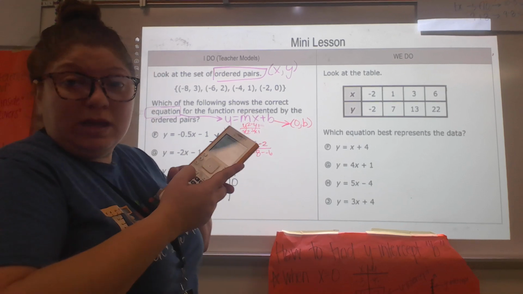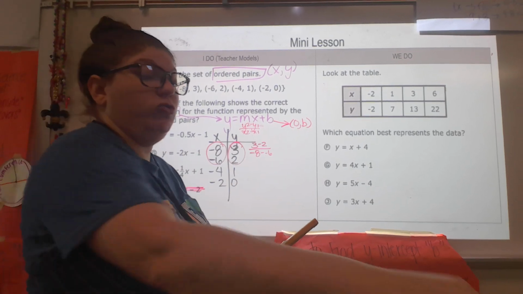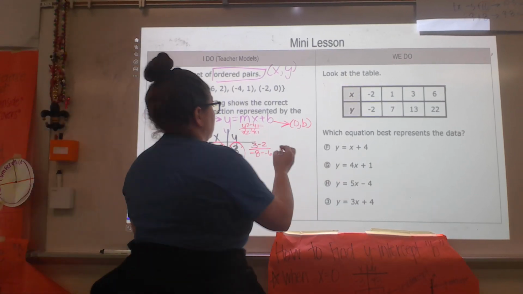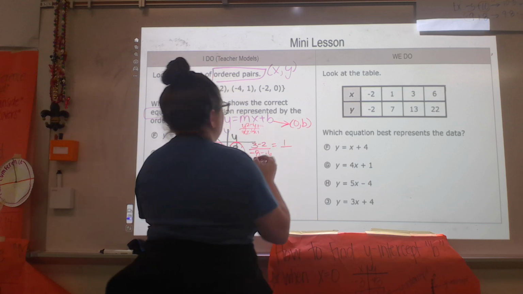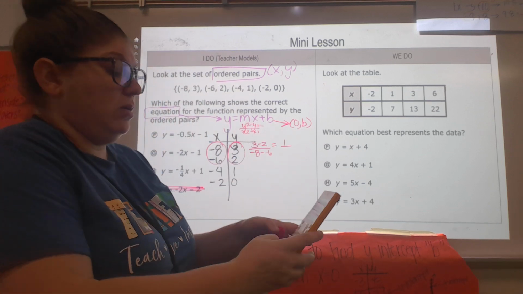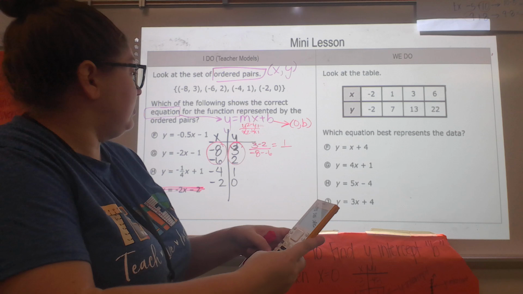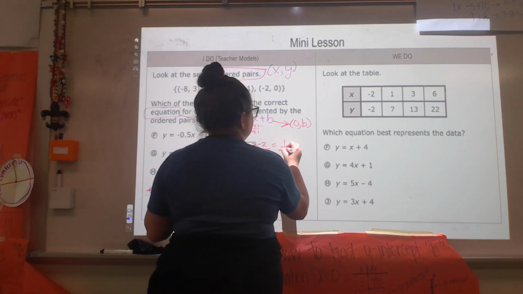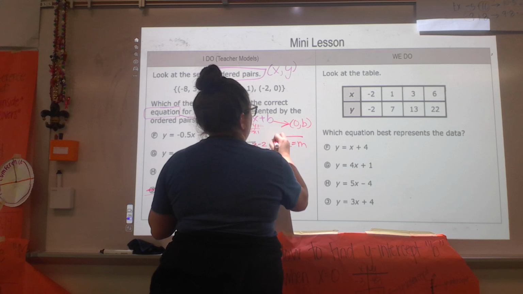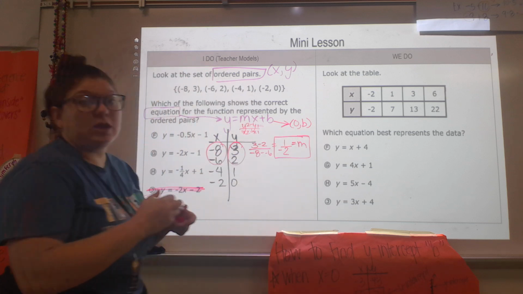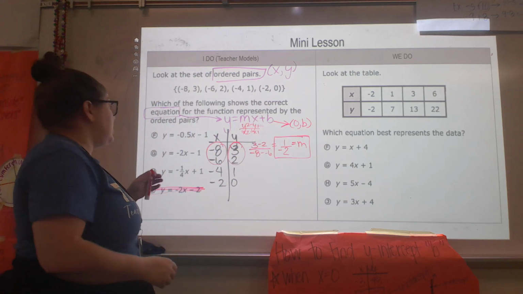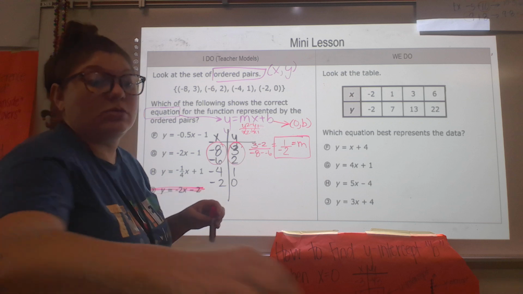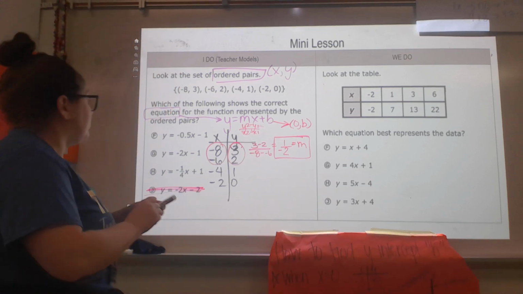If I put it in my calculator, 3 minus 2 I know is 1, and then negative 8 minus negative 6 is negative 2. So we know that my slope has to be negative 1/2.